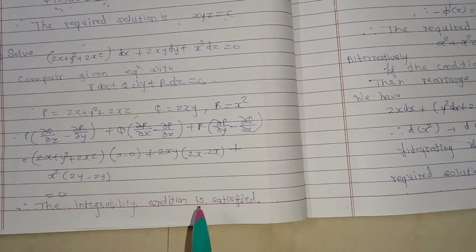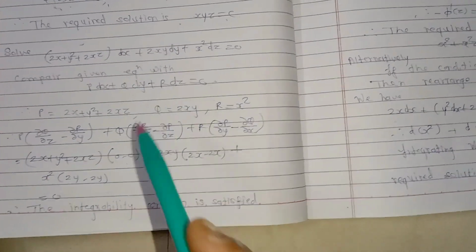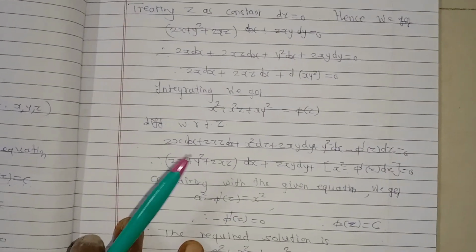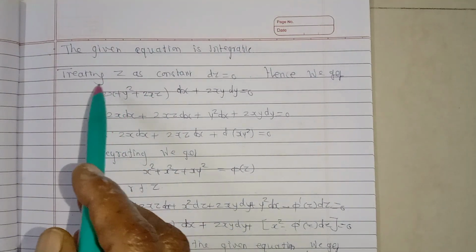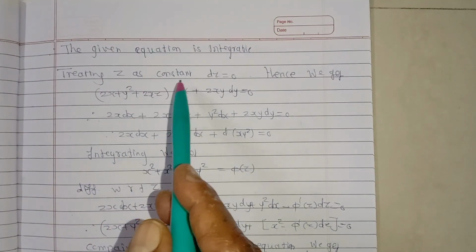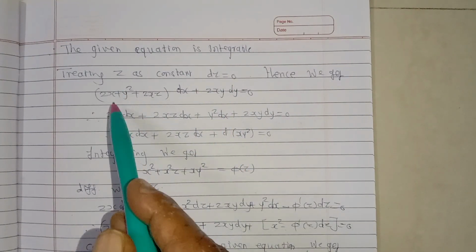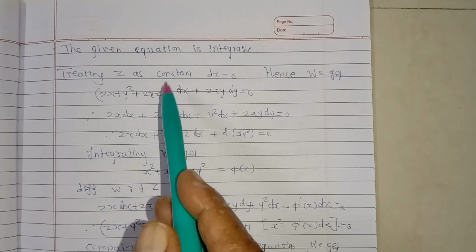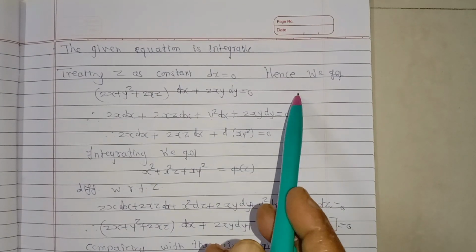The necessary condition of integrability for the total differential equation is satisfied for this given equation. Now, by theory, we take one of the variables as constant. Here we treat z as constant, so dz equals 0. So the given equation reduces to (2x plus y square plus 2xz) dx plus 2xy dy equals 0.